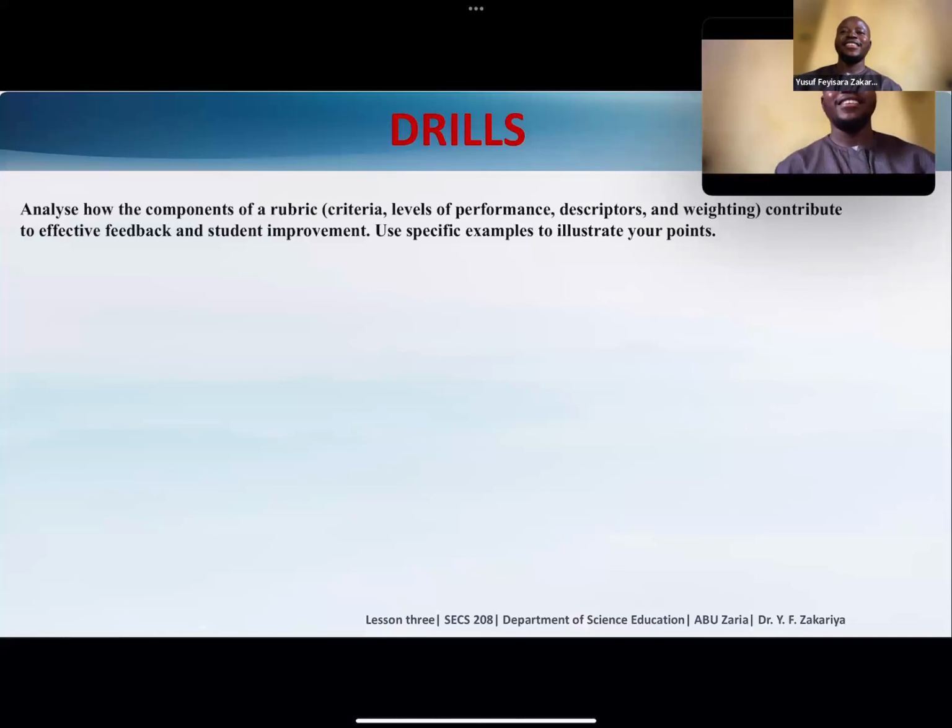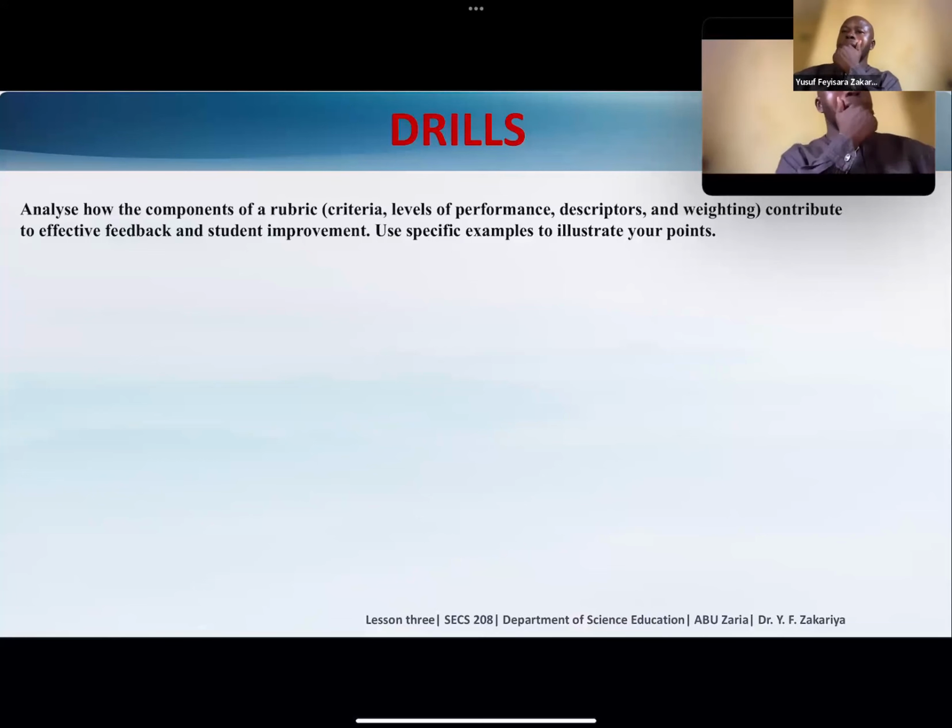Analyze how the components of a rubric: criteria, level of performance, descriptors, and weighting contribute to effective feedback and student improvement. Use specific examples to illustrate your points.